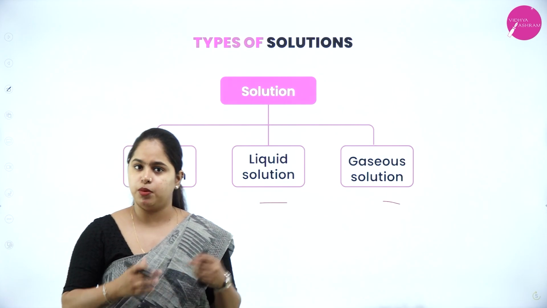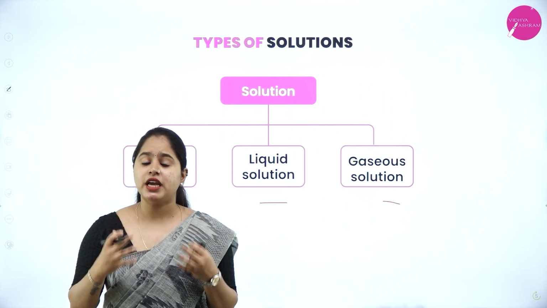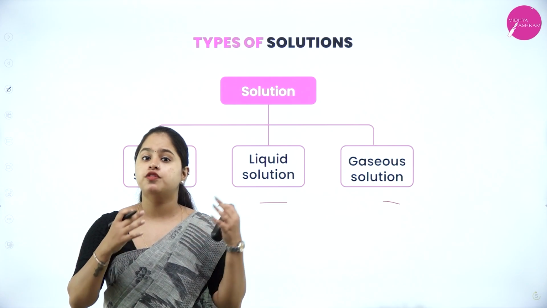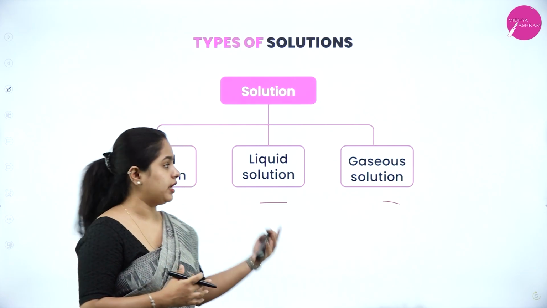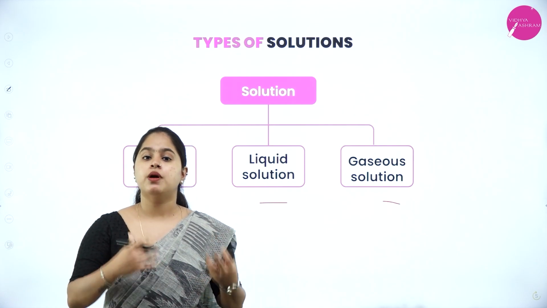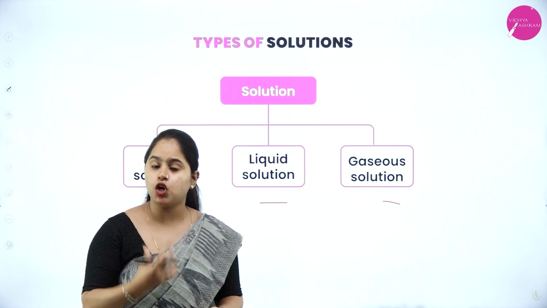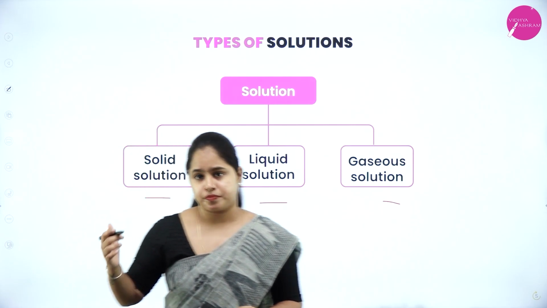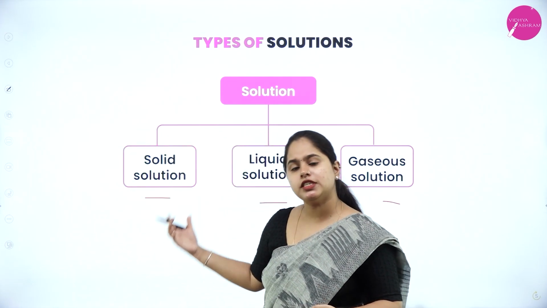We just studied solute and solvent. Based on the state of the solvent, we can classify them into solid, liquid or gaseous solution. That means, if my solvent is present in solid state, the solution that I obtain will be a solid solution.